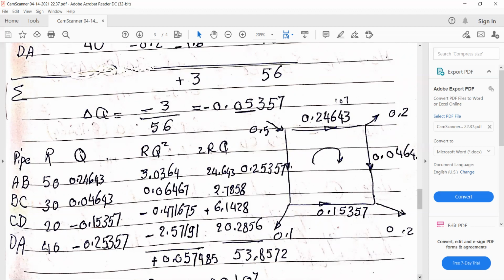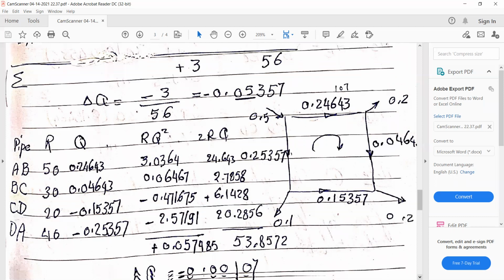For pipe CD, it is added. For pipe DA, it's also added, because the correction is negative and the initial value is negative, so it's added.